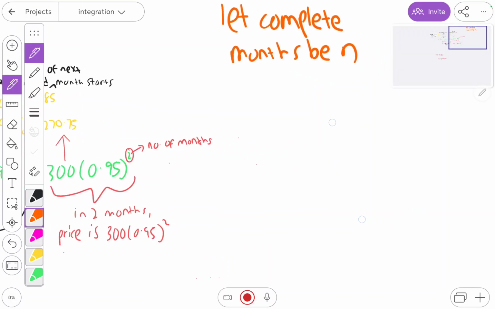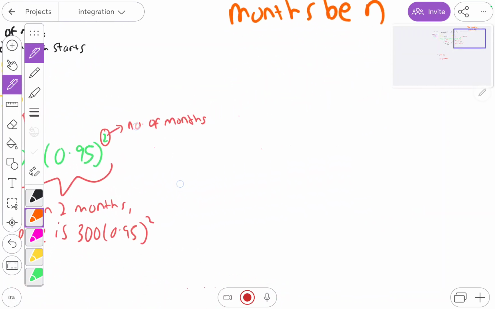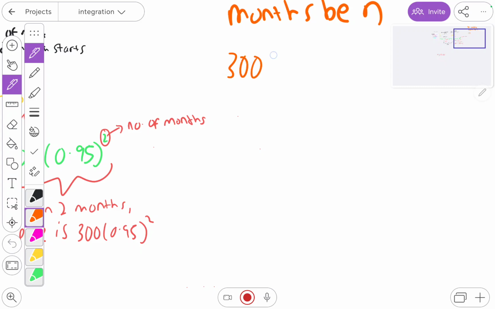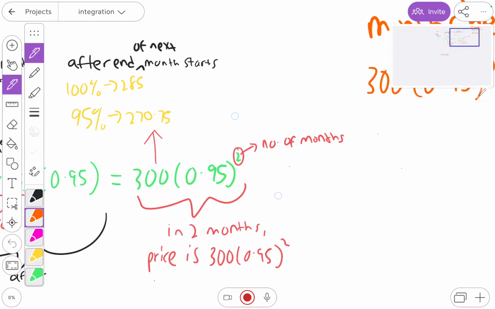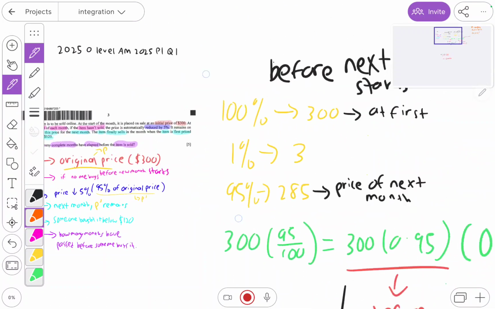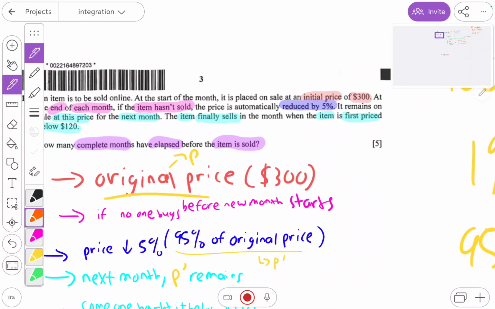Okay, so if you know that the square here is the number of months, what does this mean? 300 bracket 0.95 to the power of n. Okay, look, they say what? The item is first priced below $120.